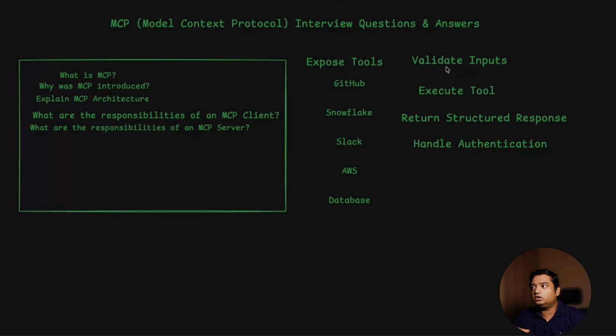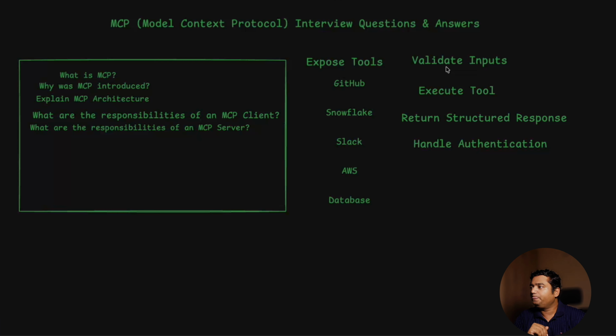Another important thing is validating inputs. If you're going to connect to an API, and that API needs an employee ID as an input, but your LLM or your MCP client has passed an employee name, that is a wrong input to that API. In that case, the MCP server validates it and returns that this is a wrong parameter, or any kind of custom information.